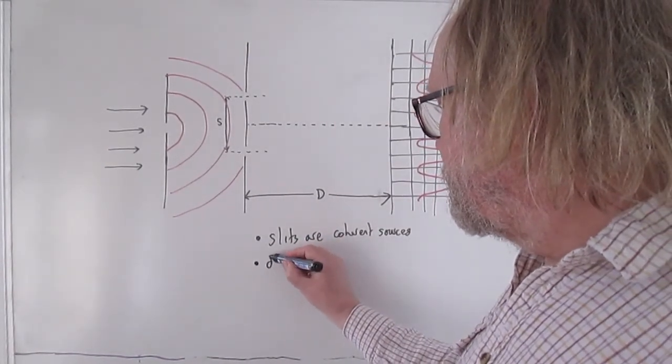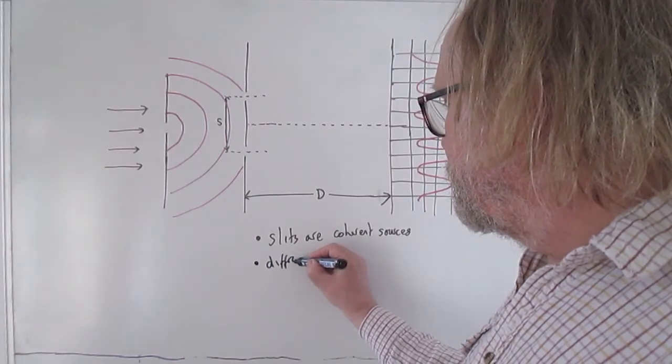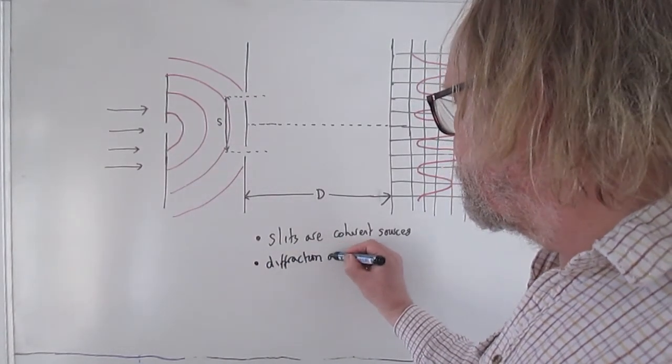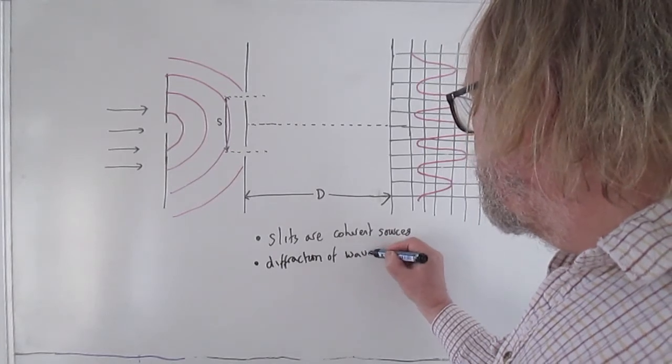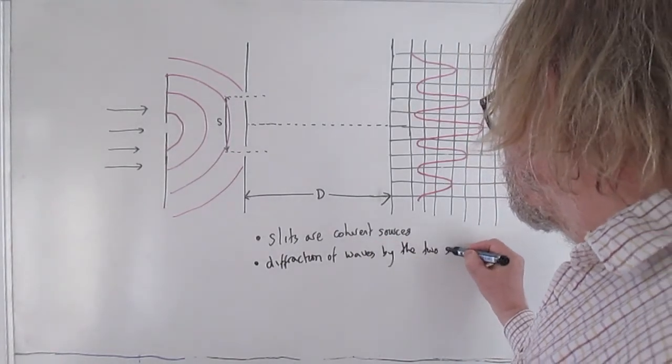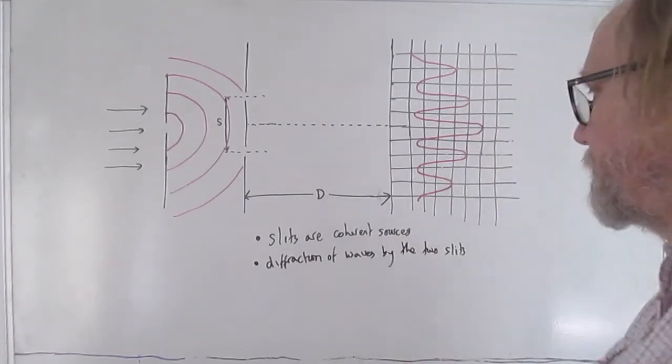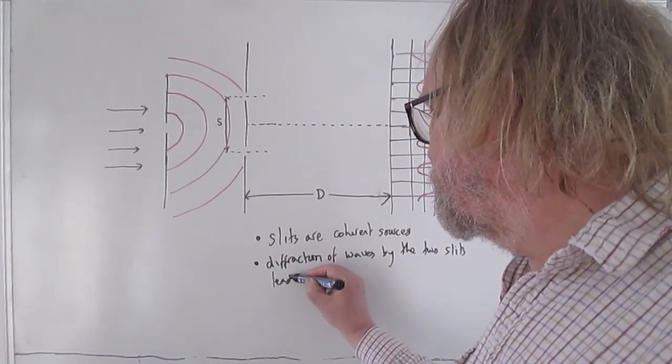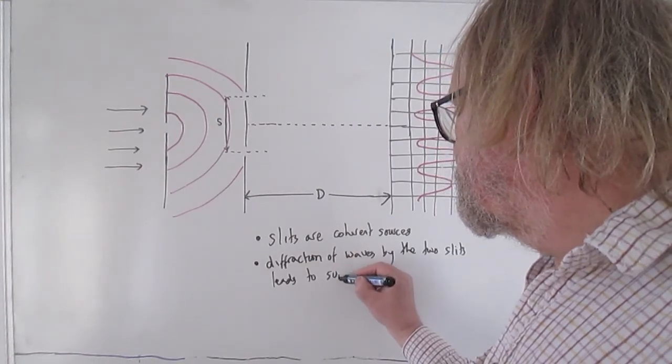Okay, so diffraction of waves by the 2 slits leads to superposition.